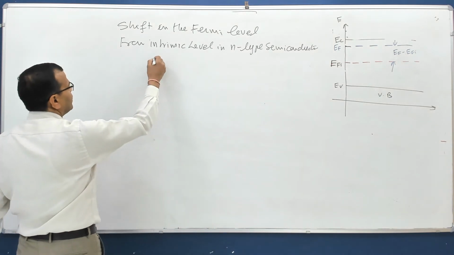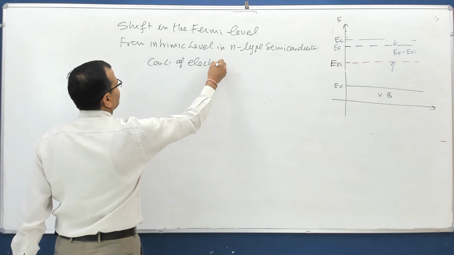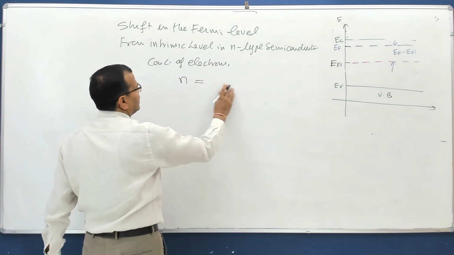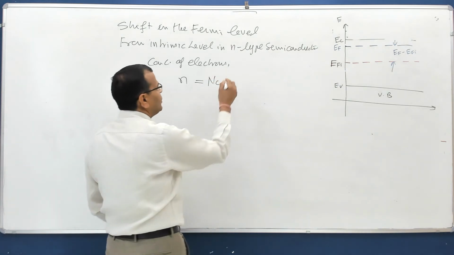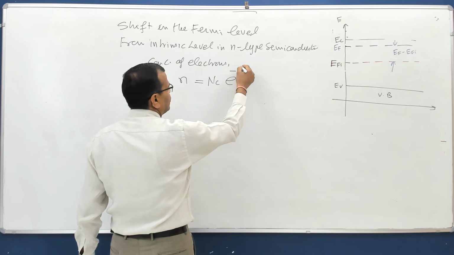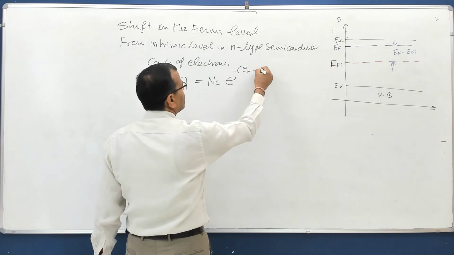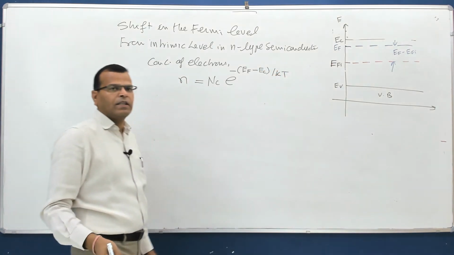Now, do you know the concentration of electrons? The concentration of electrons n is equal to Nc times e raised to the power EF minus EC by kT. That is what you had.